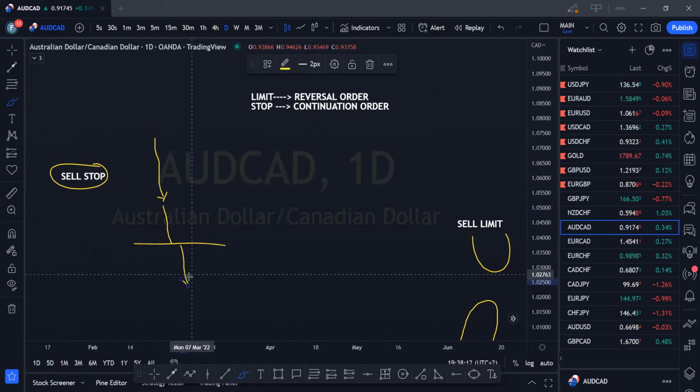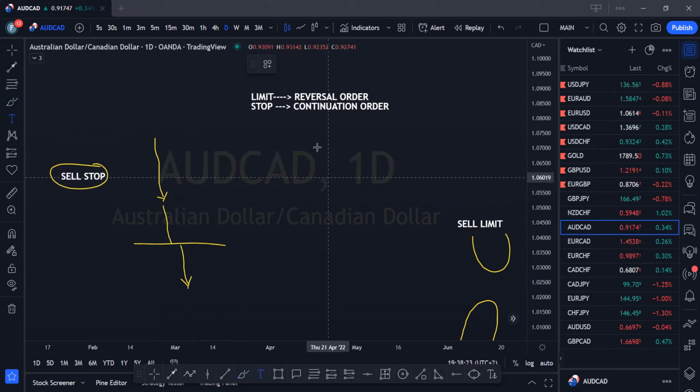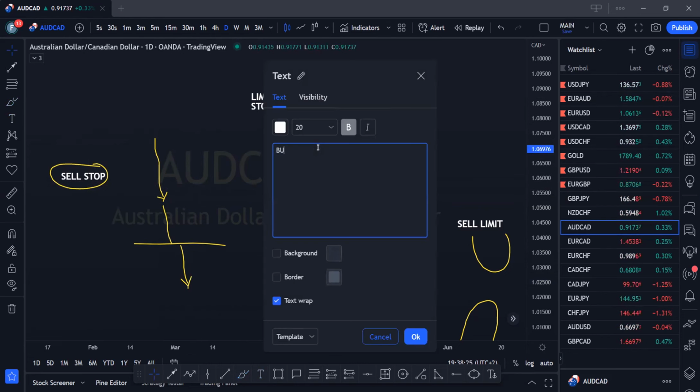So that's a sell stop. It is a continuation of the move. A buy stop, on the other hand, is just the direct opposite.